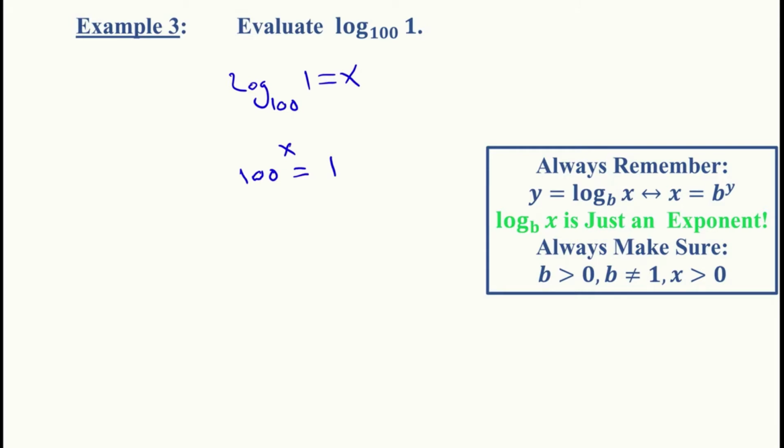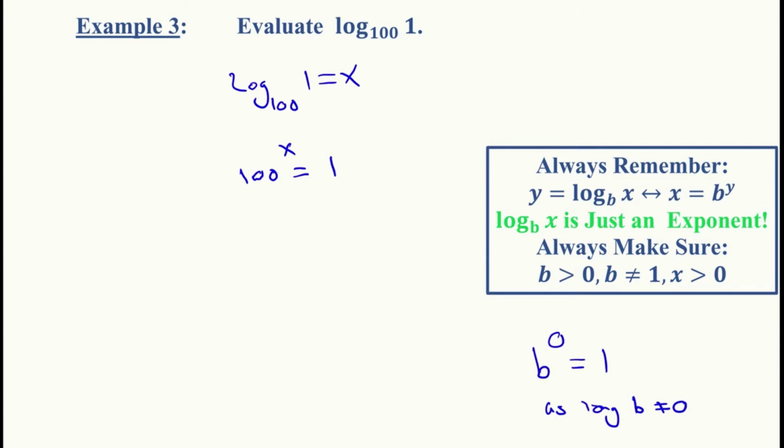And of course, as you can see, all this is very closely connected to the laws of exponents that we've already learned. So you need to know that any number to the power of 0 is 1, as long as that number is not 0. 0 to the power of 0 is undefined.